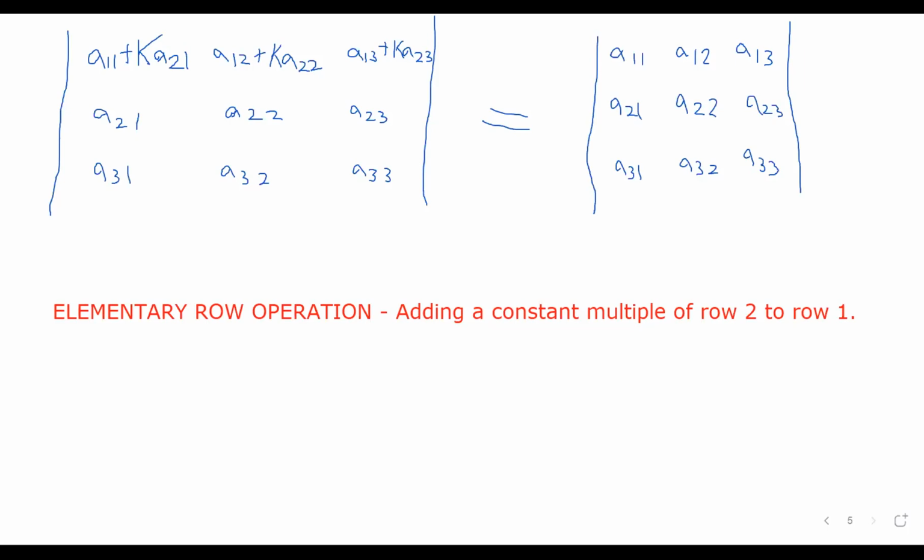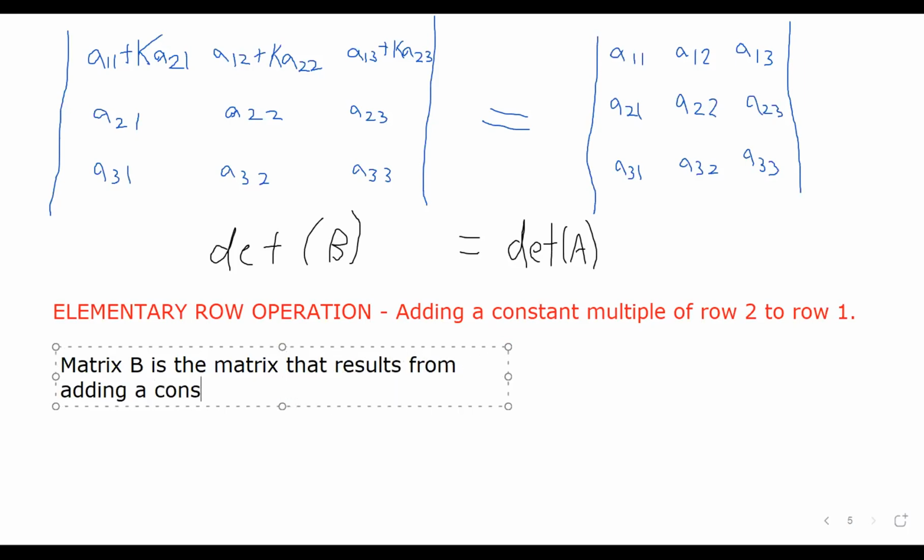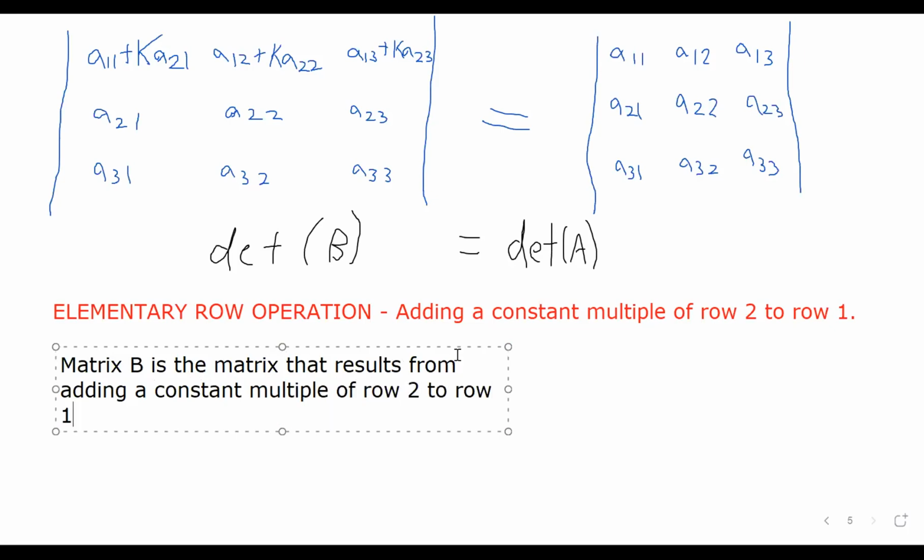If the resulting matrix is matrix B, and the original matrix is matrix A, then the relationship is that the determinant of B is equal to the determinant of A. Matrix B is the matrix that results from adding a constant multiple of row 2 to row 1.